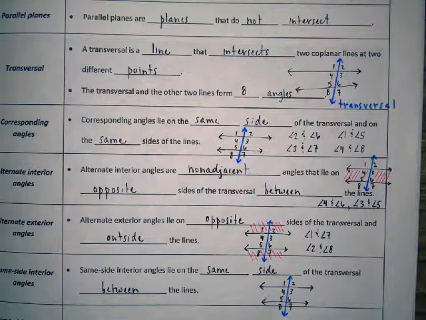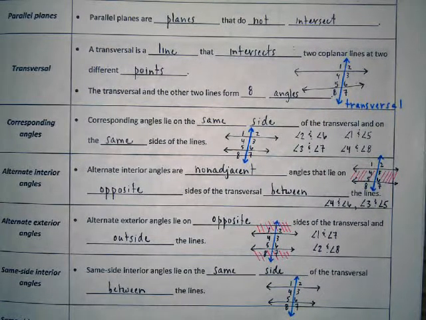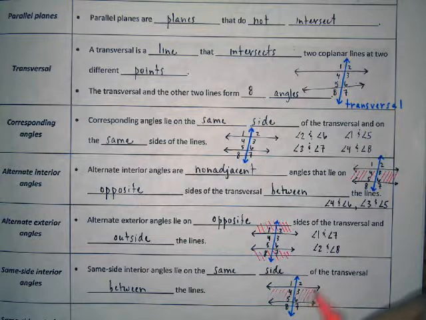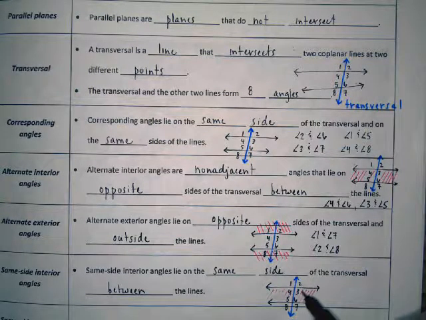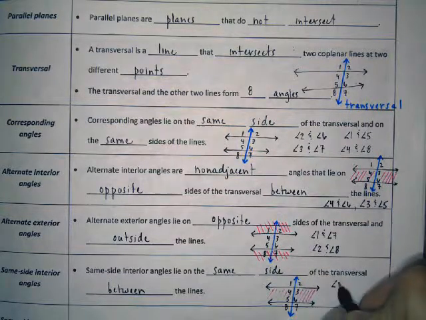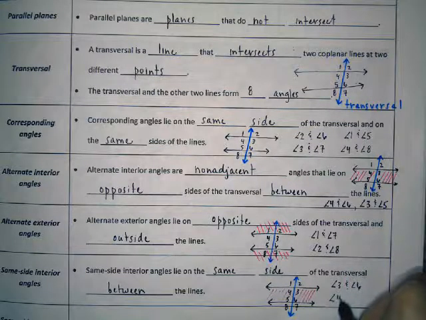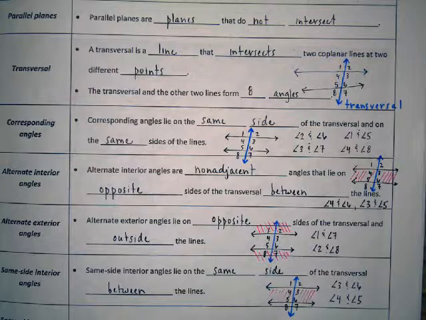Okay, so again, for same side interior, that interior tells us they're between or inside my pair of lines. So I'm looking in the middle here. But unlike our alternate interior, these are on the same side. So I'm looking in the pink, and I'm picking a pair that are on the same side of the transversal. So we have angle 3 and angle 6, and angle 4 and angle 5.